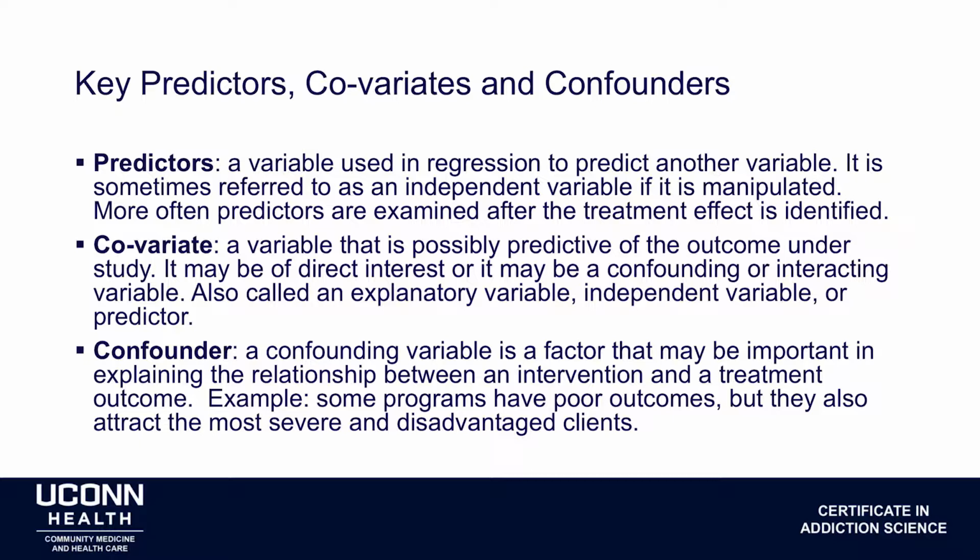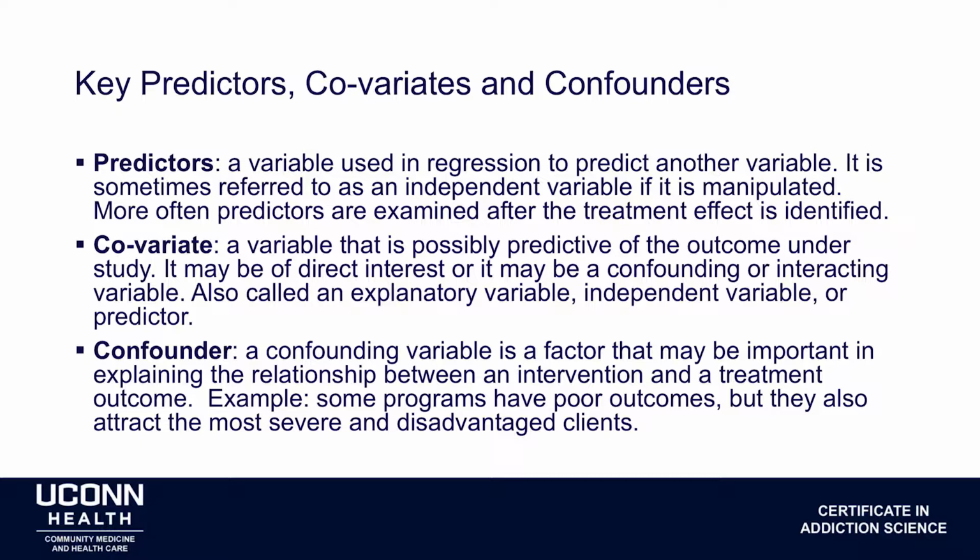So some programs have very poor outcomes, but they also attract the most disadvantaged clients. Is that because the program is bad, or is it because the program is good for that type of client? But if you're comparing programs that attract very difficult clients with programs that attract patients who are much more socially stable and more likely to succeed in treatment, then you're really not evaluating the treatment at all. You're just evaluating the effect of treatment characteristics. That's why we need to control for confounders.